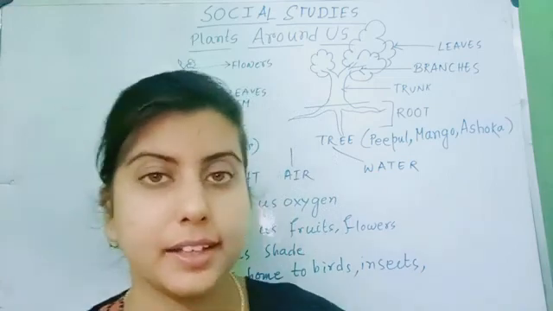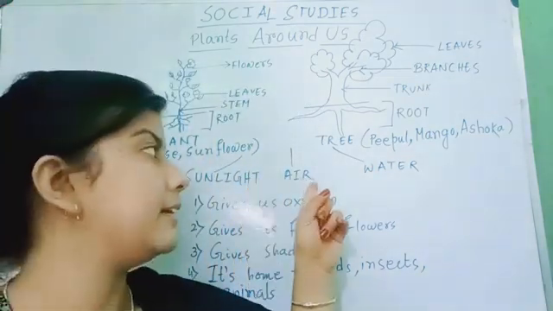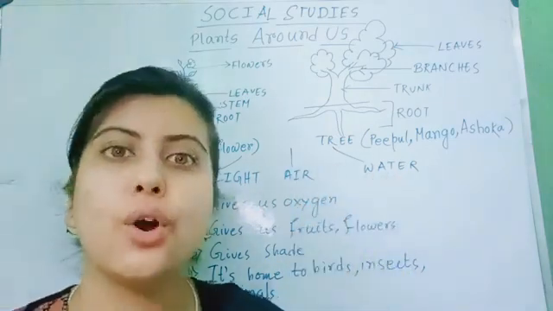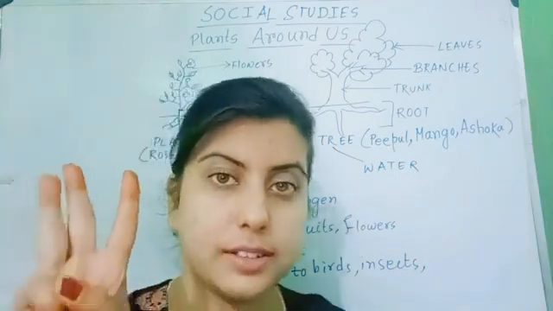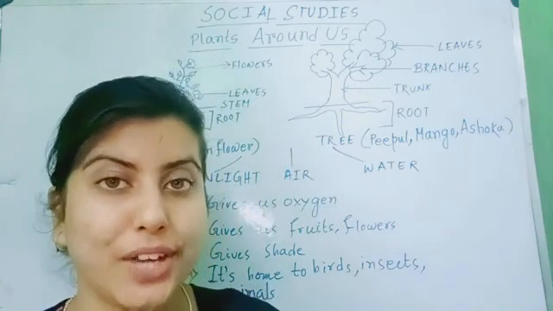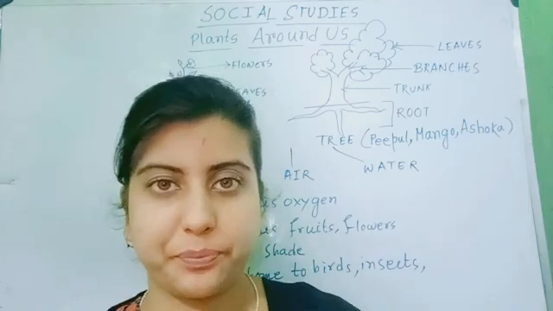What are they? They are first the sunlight, then the tree needs air, and lastly it needs water. Sunlight, air, water. These are the three things that the tree needs. So we need to water the plants frequently.